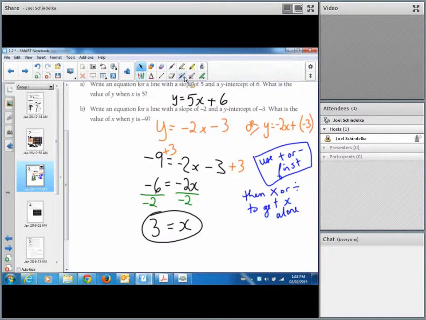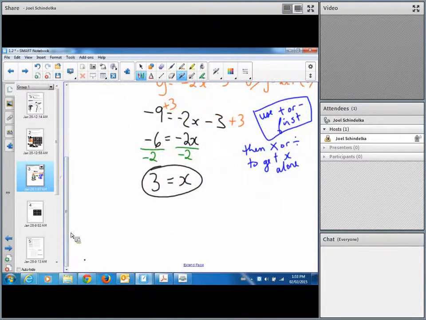So when I said earlier, make zeros and ones, or zeros then ones, that's what the plus or minus is. Zero out anything that's beside your x stuff. Then divide out to make 1x as your last step. Okay? That's what I'm trying to get at there. Zeros then ones.